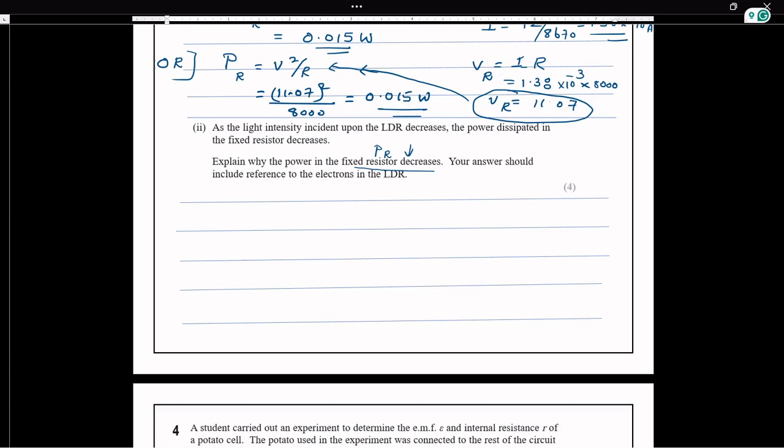Okay, what is the reason? But you have to include reference to the electrons in the LDR.